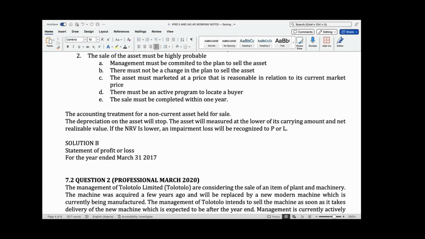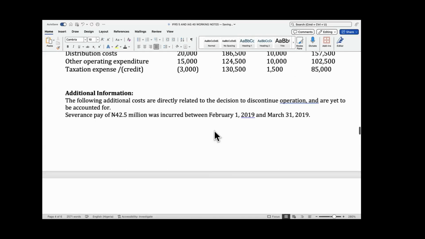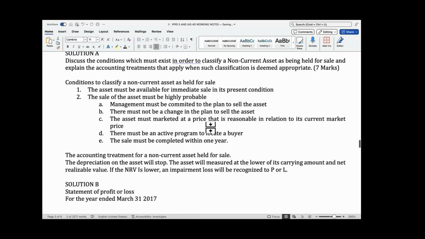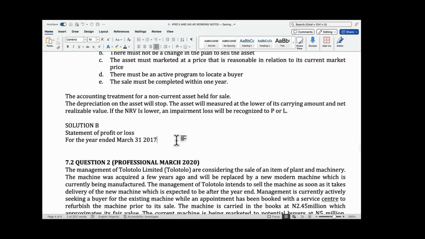For these statements, because the company has a discontinued operation, which is Blue Bull, we will need to separate the continuing operations from the discontinued operations.